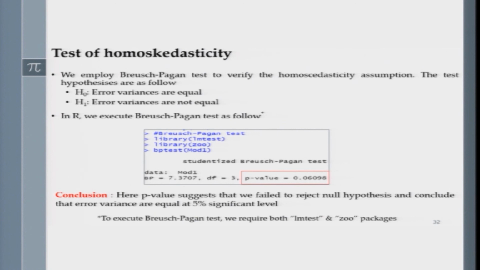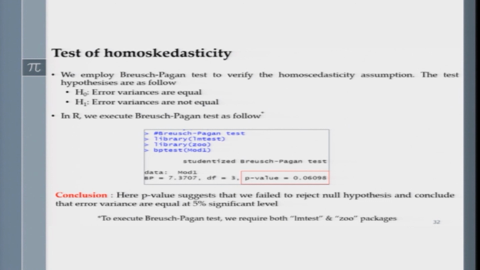Now we are going for the test of heteroskedasticity or homoskedasticity by employing the Breusch-Pagan test. This test starts with setting the null hypothesis as error variances are equal against the alternative hypothesis that error variances are not equal.